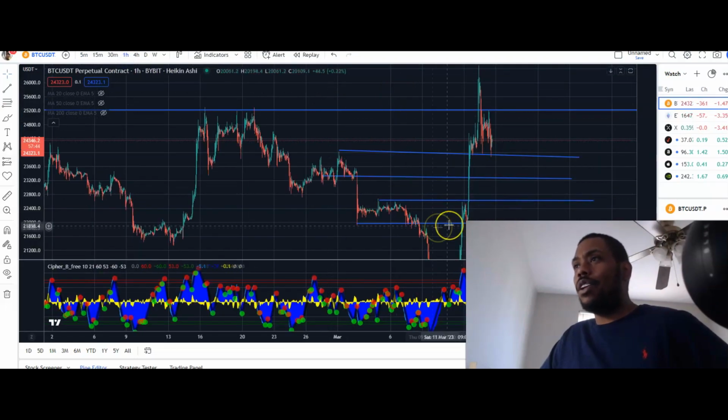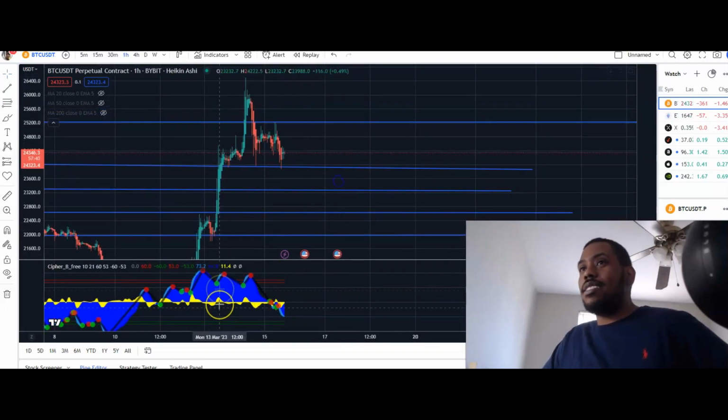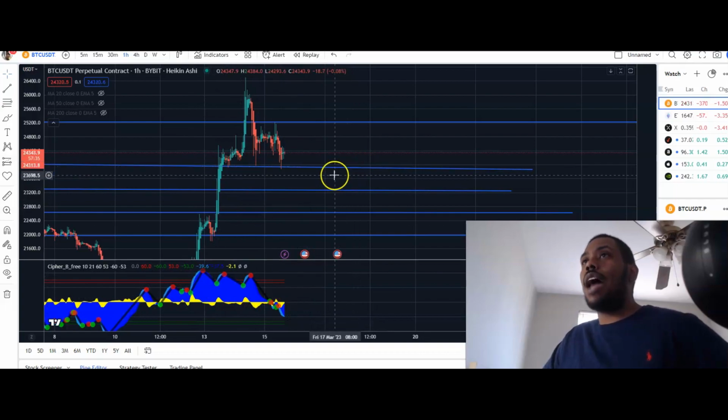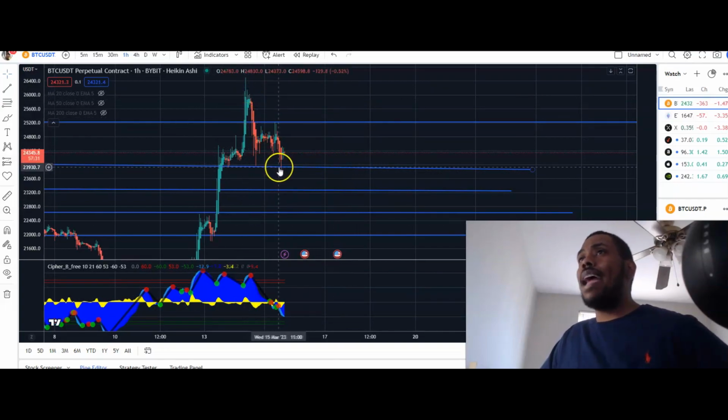If we go back and look at it on the hourly, we were running divergences here where we see the money flow getting lower and lower. So it was a good opportunity for a short here when we made this higher high. But now, if you were in that short, I would consider closing it out.